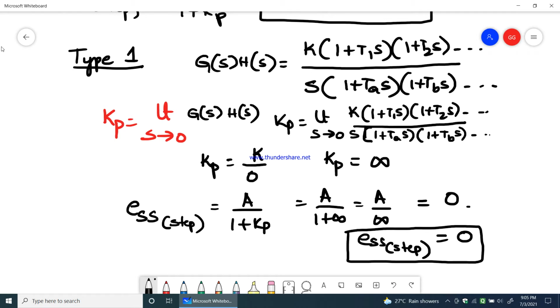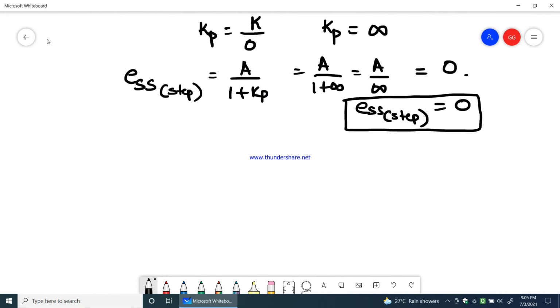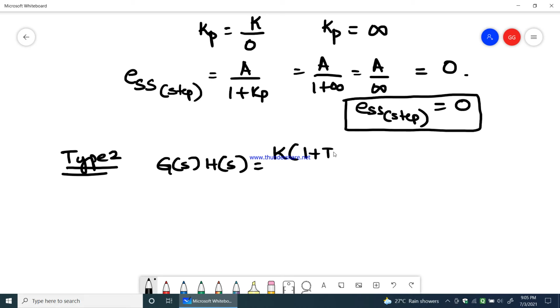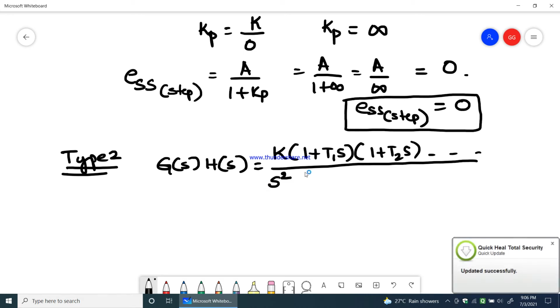Now coming to the type 2 system, what will be G(s)H(s) for type 2? K into (1 plus T1 s) into (1 plus T2 s) and so on, divided by s square for type 2, s square into (1 plus Ta s) into (1 plus Tb s) and so on.